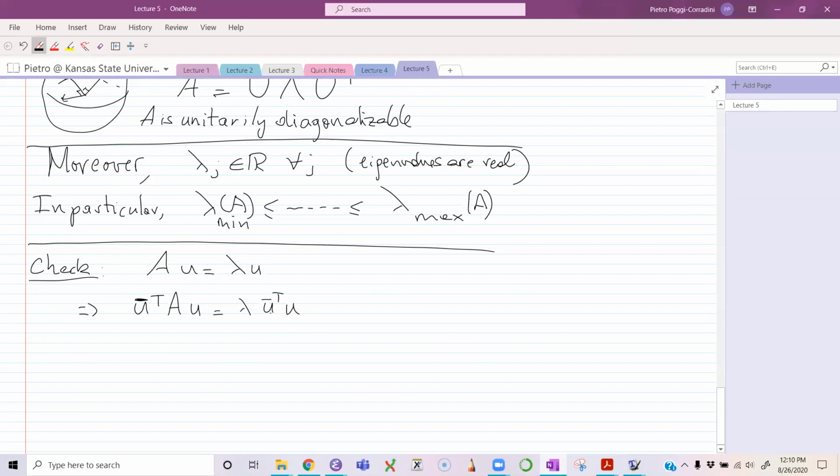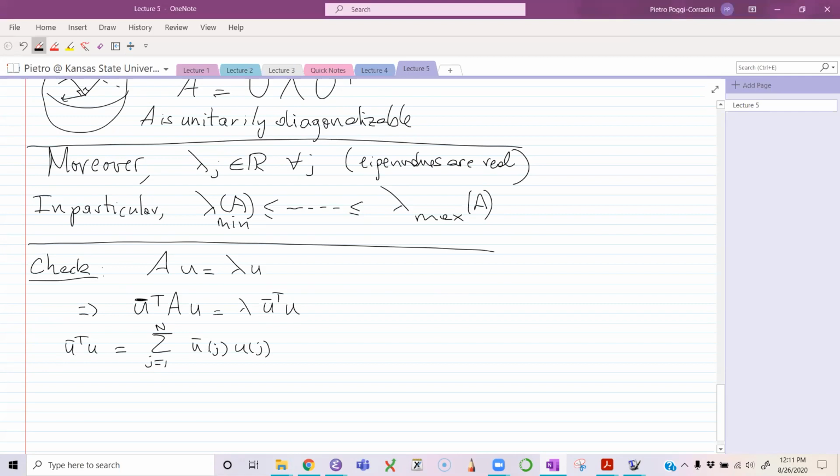This is actually the norm square of U, right? Because U bar transpose U is the sum, j goes from 1 to n, of U bar j, uj. It's the dot product of those two vectors.